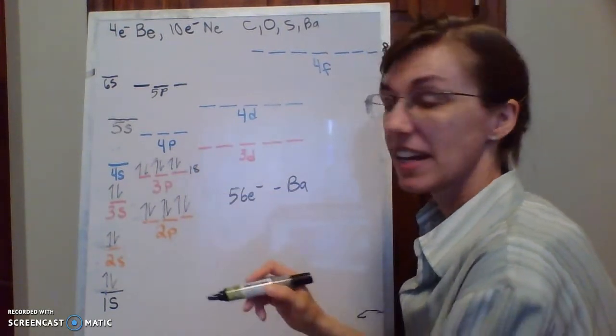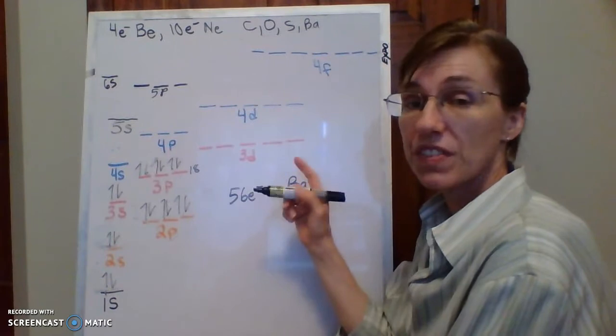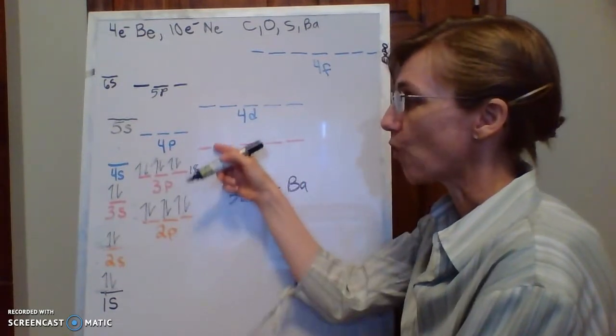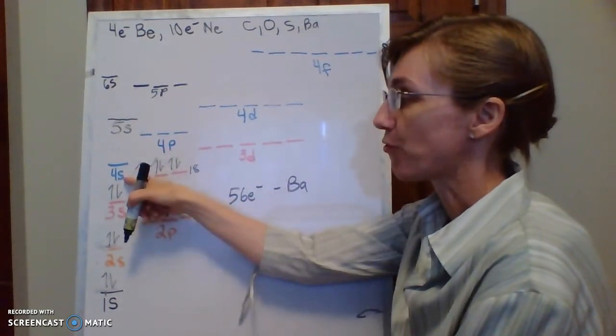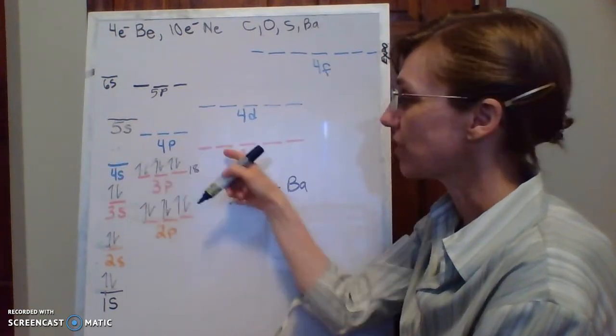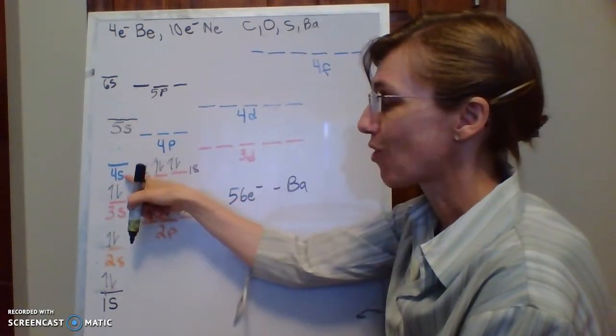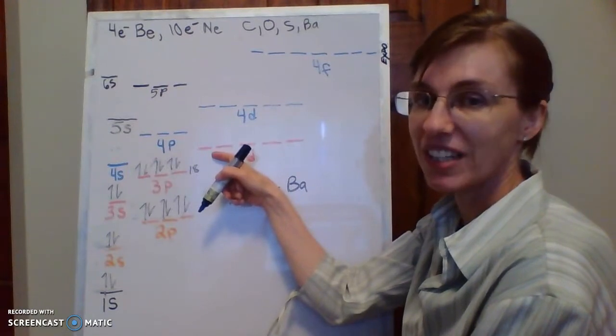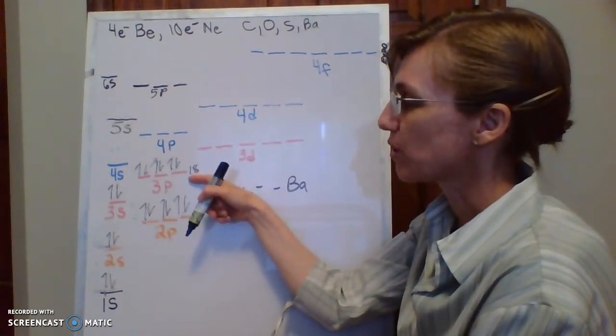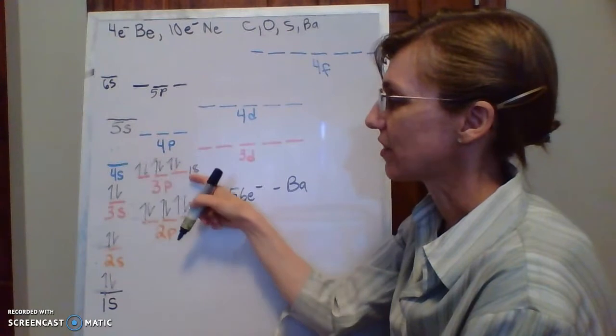So right now I've got 18 filled in there. One thing to definitely remember is these overlapping orbitals. Remember, the 4s has lower energy than the 3d. So we have to fill the 4s before we go to the 3d. So after we finish the 3p here, we go to the 4s.